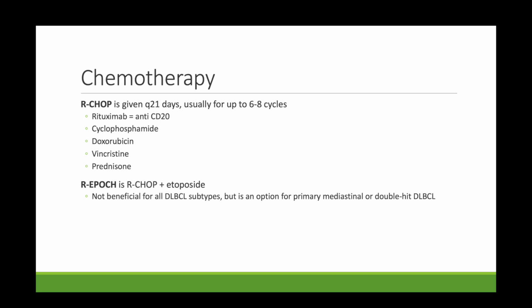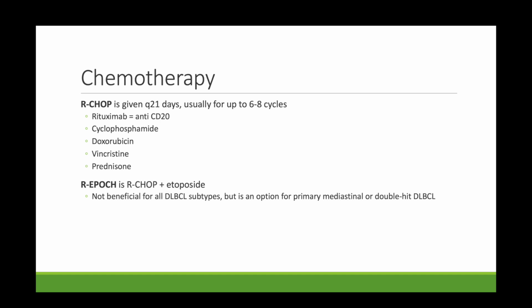And R-CHOP is typically given every 3 weeks for up to 6 to 8 cycles. So anywhere from 4 to 8 cycles. Remember, we also mentioned R-EPOCH, which is an alternate, more intensive regimen given to patients with double or triple hit lymphoma or patients with primary mediastinal B-cell lymphoma. So R-EPOCH has all of the same agents as R-CHOP plus etoposide.